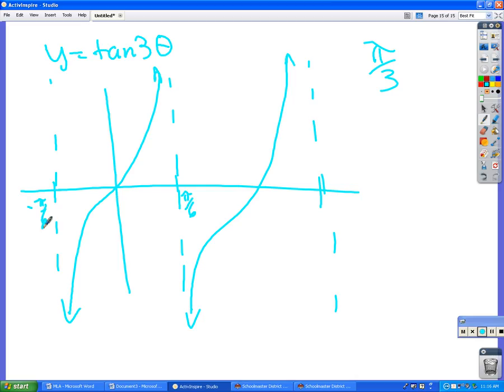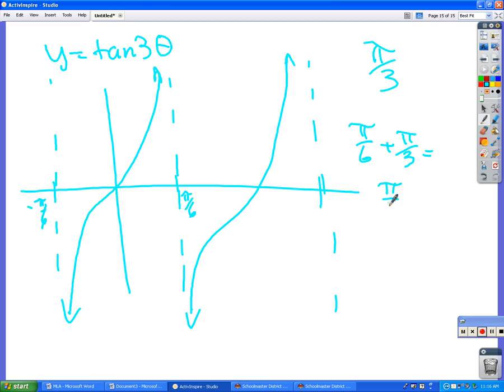And then this distance right here is also pi over 3. So if I'm starting at pi over 6 and then I have to add another pi over 3 onto there, I'll have to get a common denominator. How many sixths is pi over 3? 2 pi over 6.